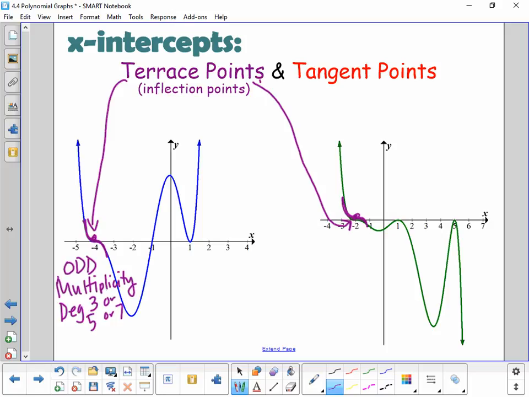So if we're thinking about the least possible degree at that point, it would be degree 3. Sometimes the function just simply crosses from one side to the other. That would just be multiplicity 1. Let me rewrite that. Sorry. Don't want it red.